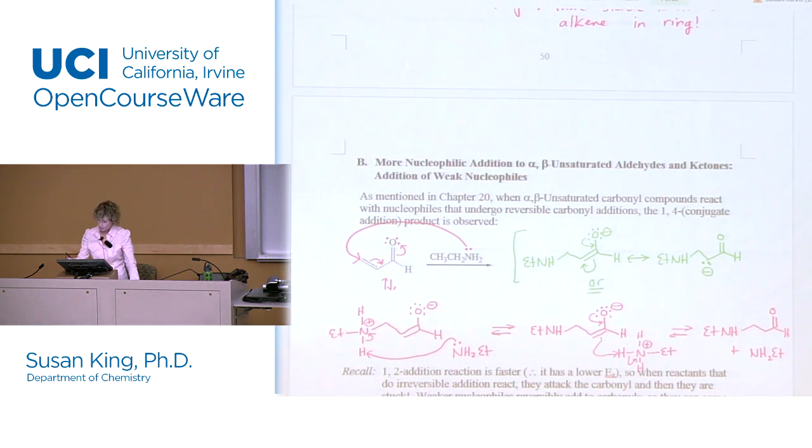And so then we can protonate from that resonance structure. These are just 2 resonance structures of the same compound, so you can really work from either one. It does not matter to me. And that will give you the same compound.